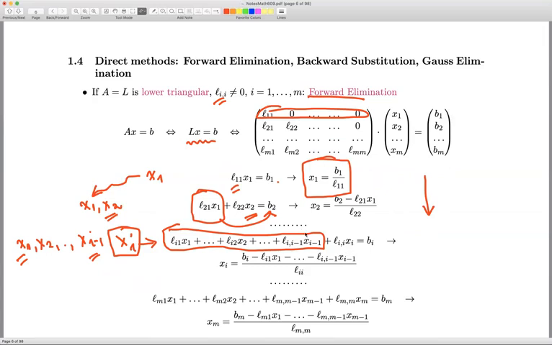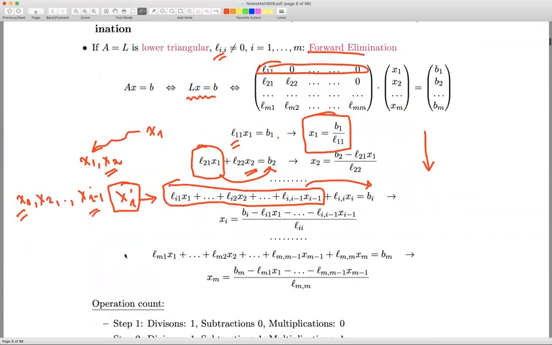We move them on the right hand side, and we find the expression for xi. And finally, when we go to the last mth equation of the system, everything up to that moment will be known, and the only unknown part will be xm. Then we move this part to the right, and we find an expression for xm.